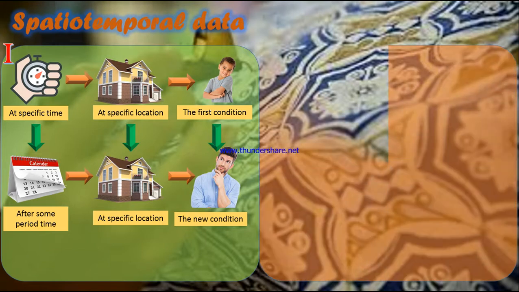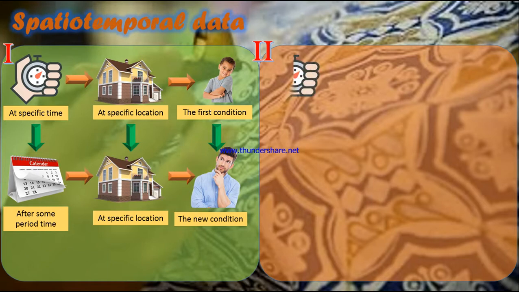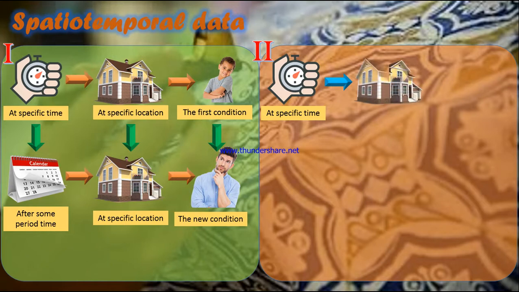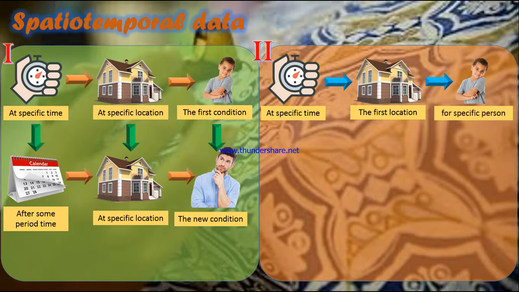And then, how about the second phenomenon? Please check the simulation out. At specific time, in the specific location, we have the first condition. For example, the same condition with the first phenomenon, that is, young boy under 14 years.